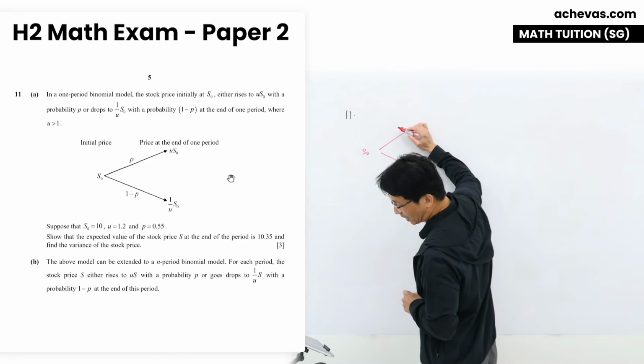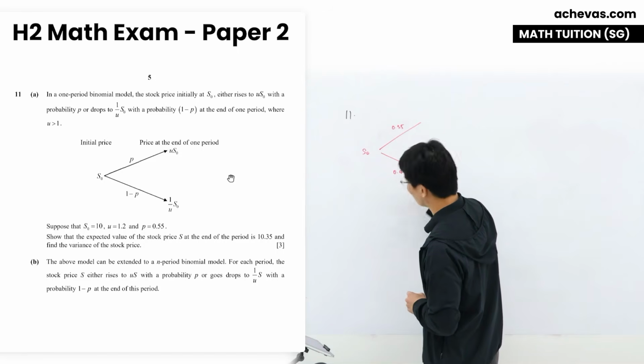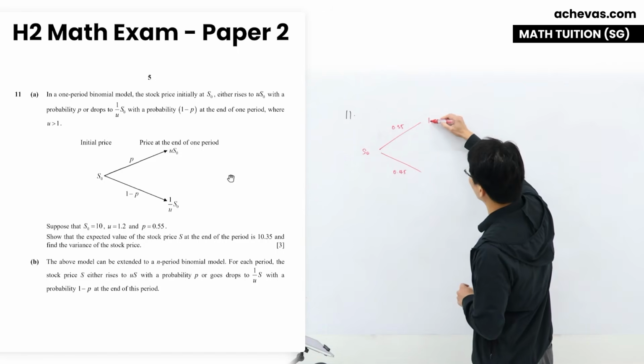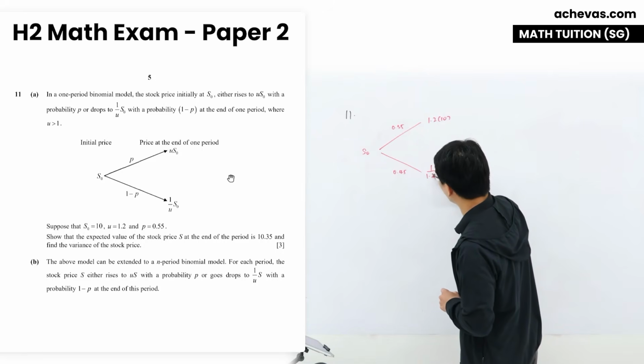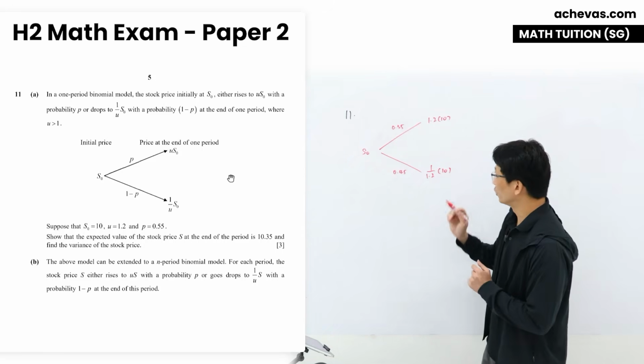P in this case we are given to be 0.55 and this will be 0.45, and U is 1.2, and this is 1.2 times 10 and this is 1 over 1.2 times 10. We are supposed to find the expectation and variance for this situation.